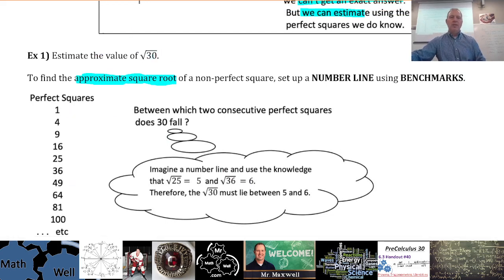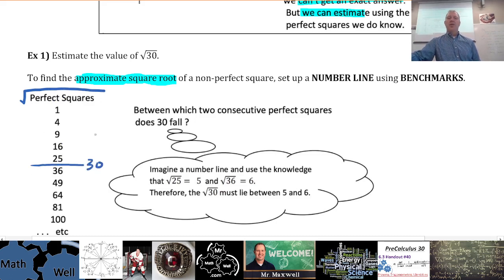Now, in these perfect squares that we have listed, where is the number 30? Because the squares, remember, would represent the number that's underneath that square root sign, right? So we run down the list. 30 is going to be right in between here, isn't it? That's where my 30 is going to be.